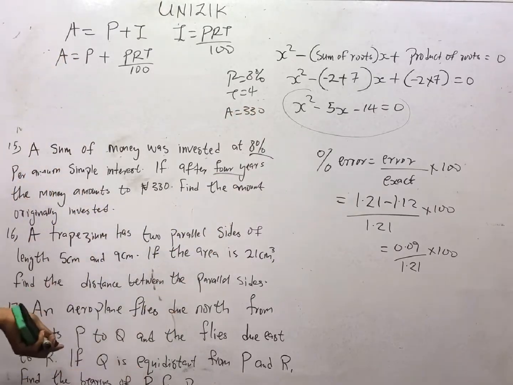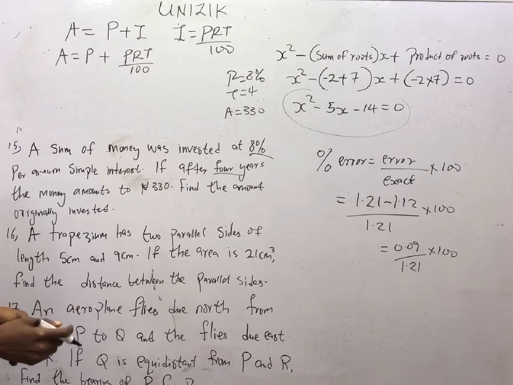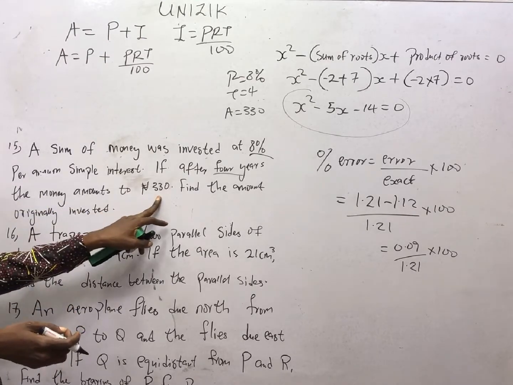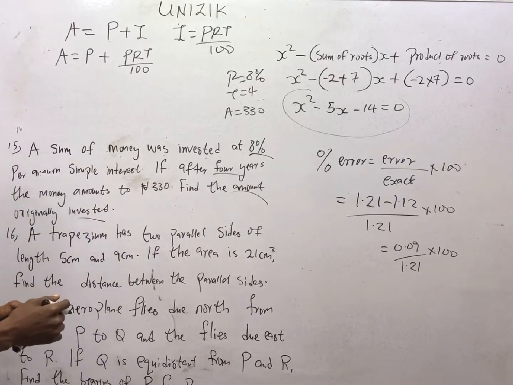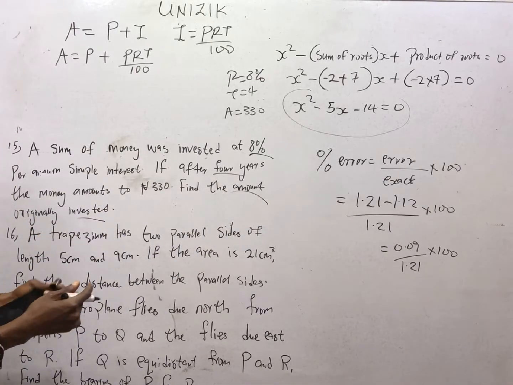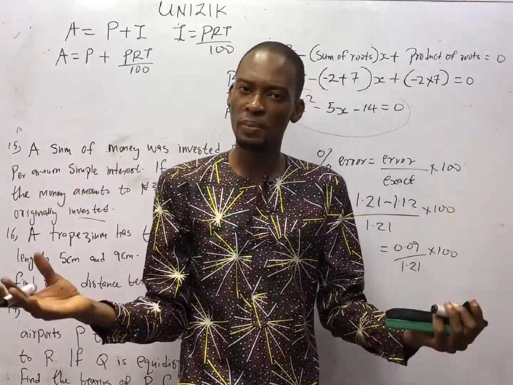We are even given the amount. A sum of money was invested at 8% per annum simple interest. If after 4 years the money amounts to 330 naira, find the amount originally invested. That is the principal. The amount originally invested is the principal.